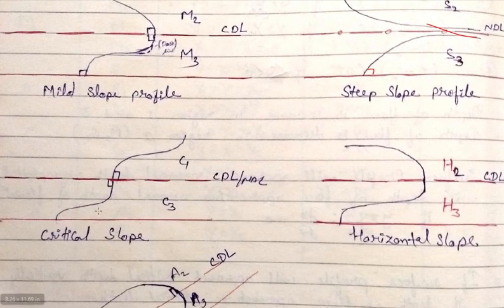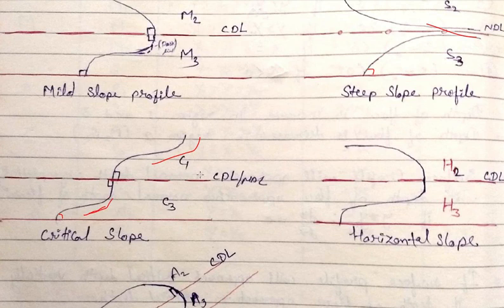And for the critical slope, here is the bed, it makes 90 degrees, and here is the CDL line. Here the profile increases, and here it decreases. Here is the increase in profile.